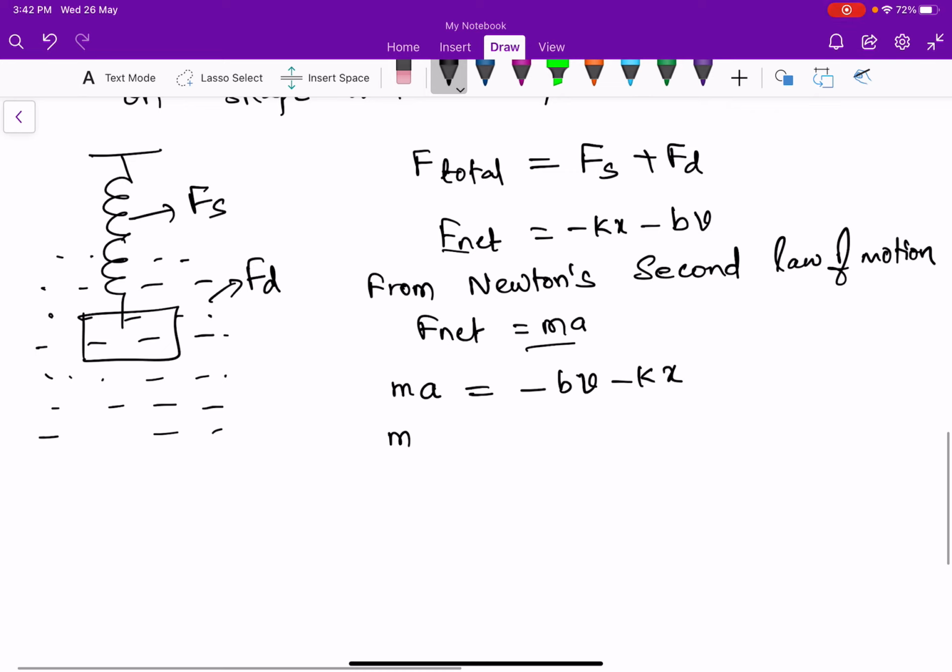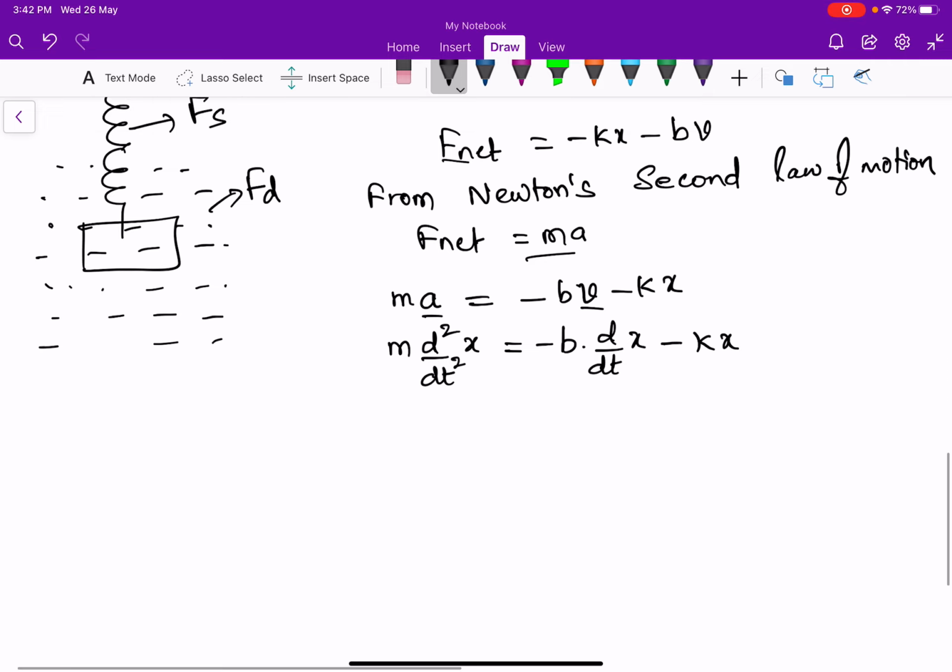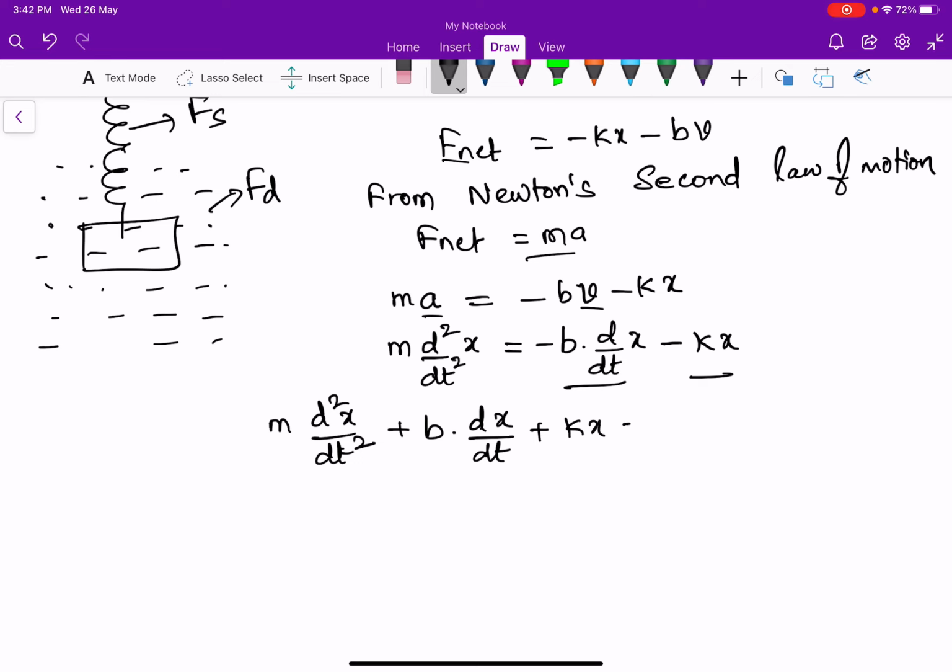So here I am writing m into a, which is the curvature of position, that means m d square x by dt square, is equal to minus b into velocity, which is the rate of change of position, minus k into x. This is the equation. When you bring these two terms to the left side, they become positive, and the final equation becomes m d square x by dt square plus b dx by dt plus kx equal to 0.